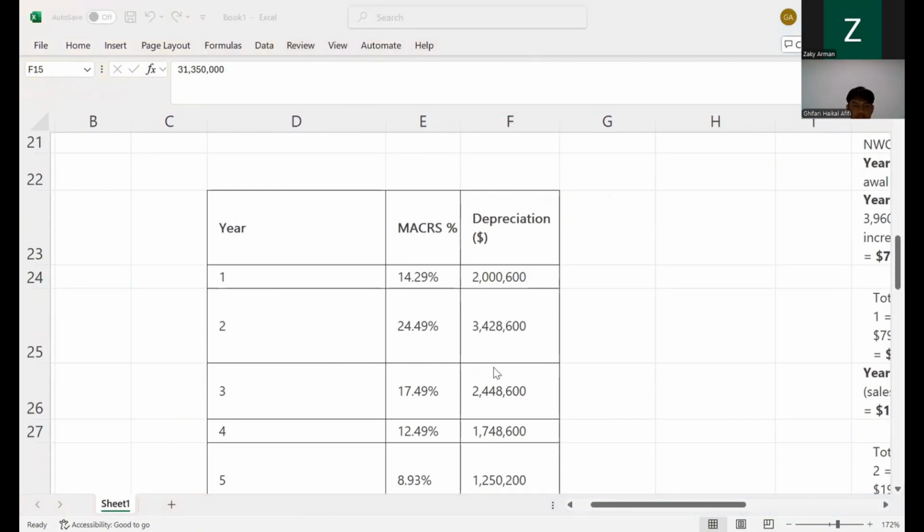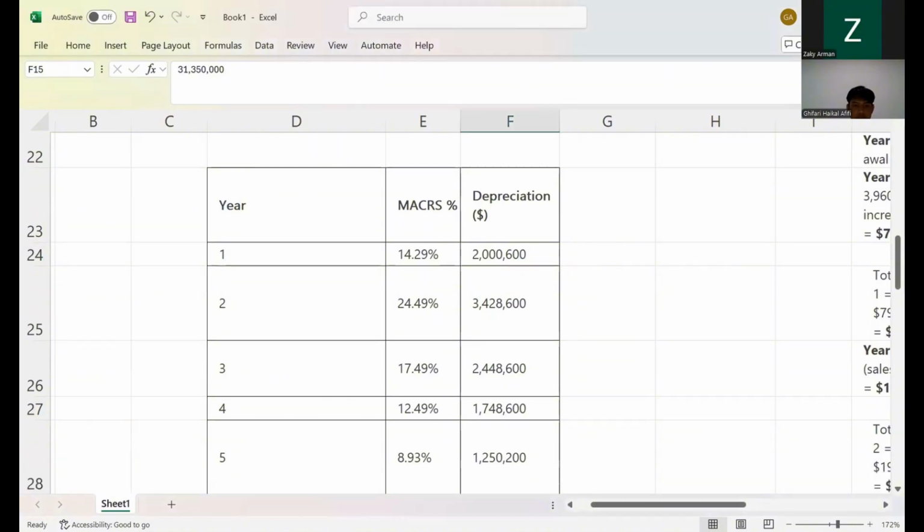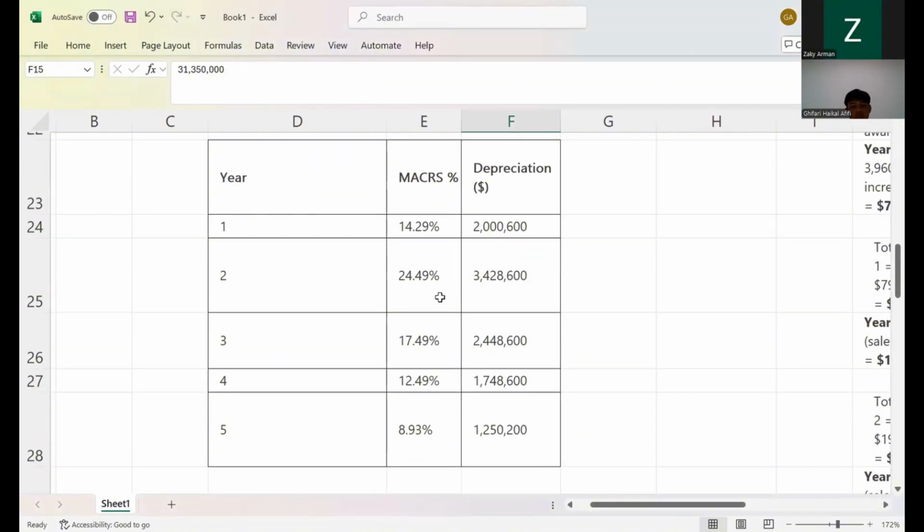And for the depreciation, the 7-year MACRS. For year 1, we got 14.29%. Year 2 is 24.49%. Year 3 is 17.49%. Year 4 is 12.49%, and the last one is 8.93%.